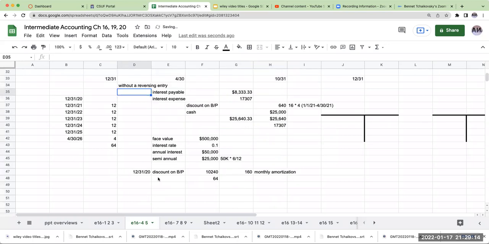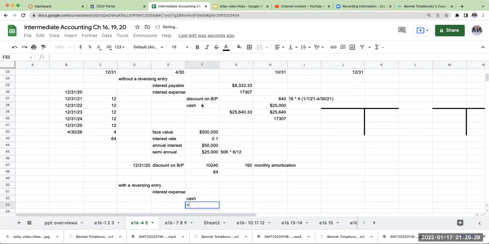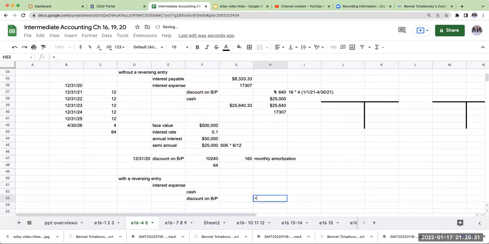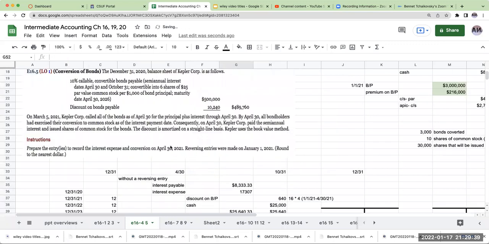But if it was with a reversing entry, meaning that we reversed out the 12/31 accrual, you would just have interest expense, crediting cash, crediting the discount. Okay, so that's the interest portion of this.